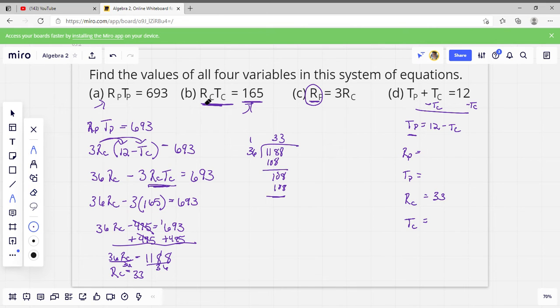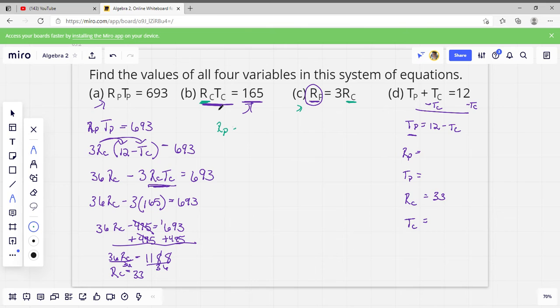All right, now we're going to use that value to find some of our other variables. So we need one that has RC in it. And we've got RC right here, and we've got RC right here. So we can use either of those. Let's see, we'll do this one first.